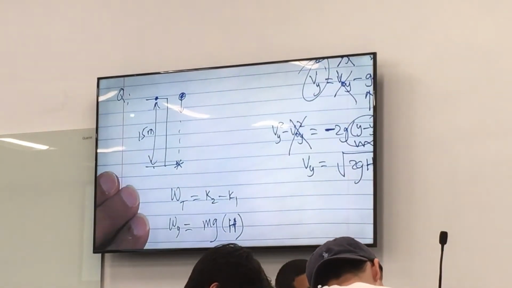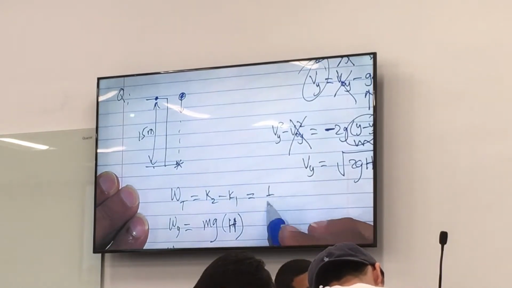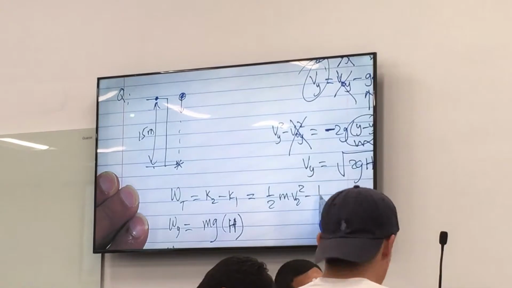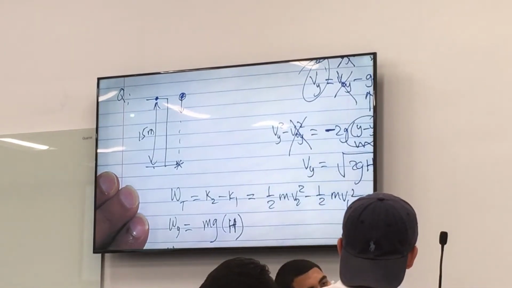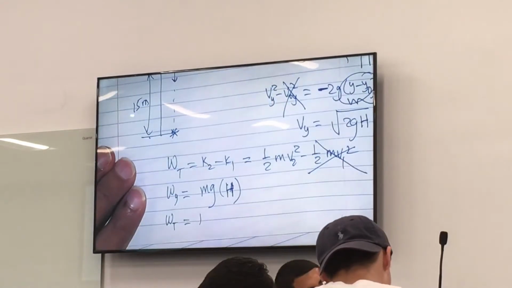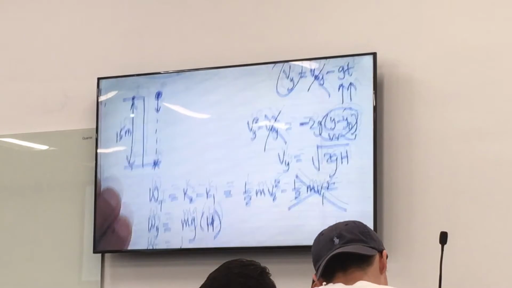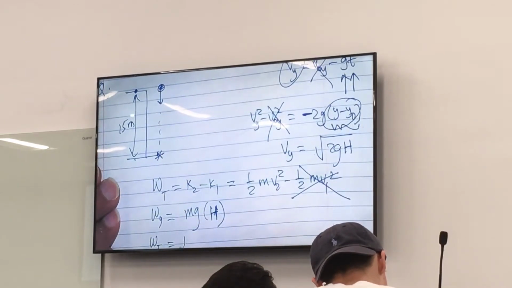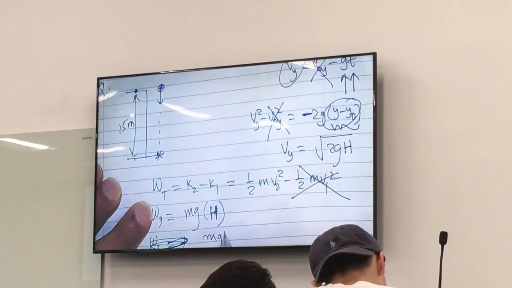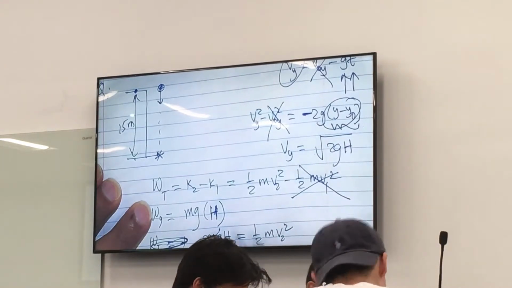What I can do is say that total work is equal to K2 minus K1, which is 1/2 mv2 squared minus 1/2 mv1 squared. I told you that initially it is at rest. So I have the same equation that I used before. So mg times h is equal to 1/2 mv2 squared, and this m cancels out.